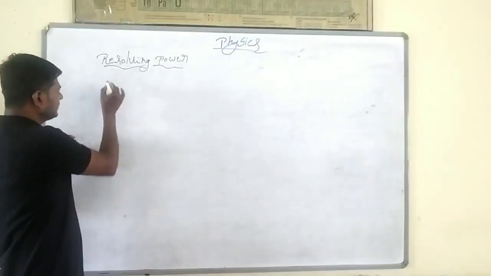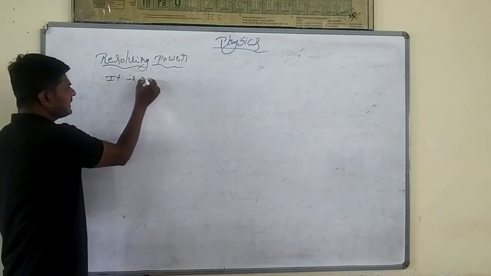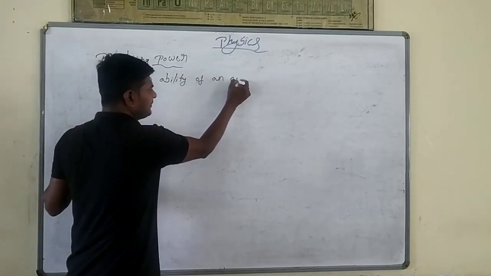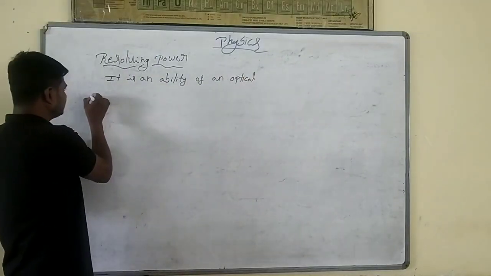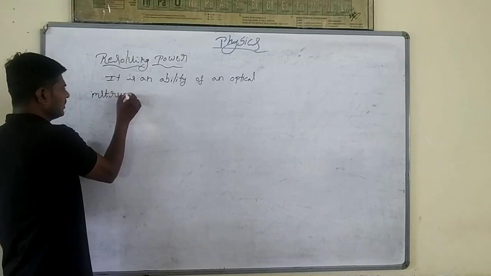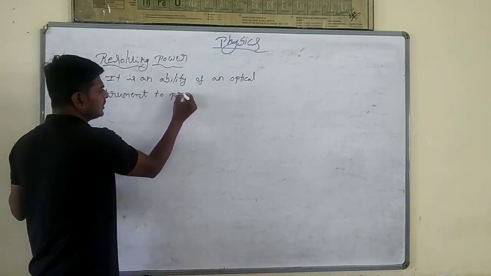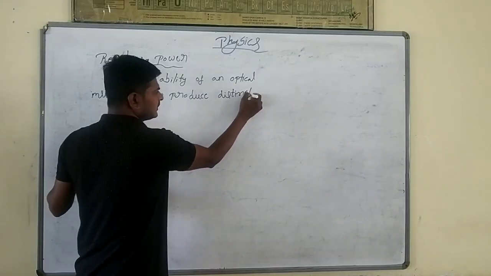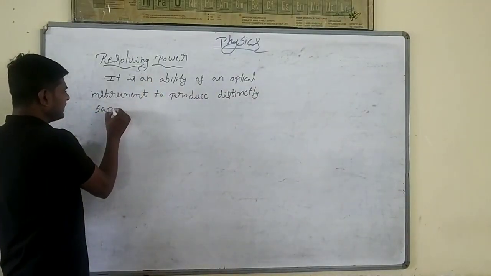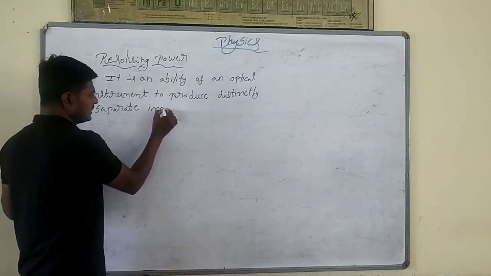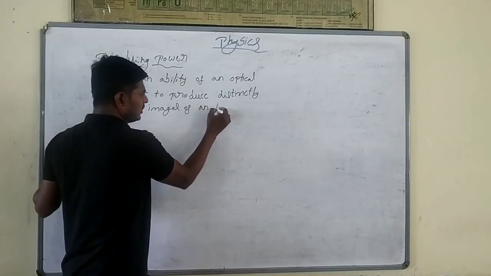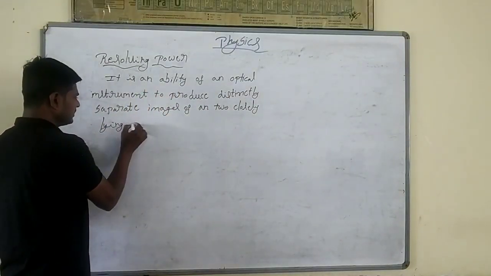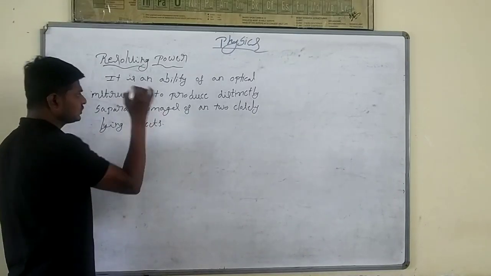Resolving power means, it is simple: it is the ability of an optical instrument to produce distinctly separate images of two closely lying objects.